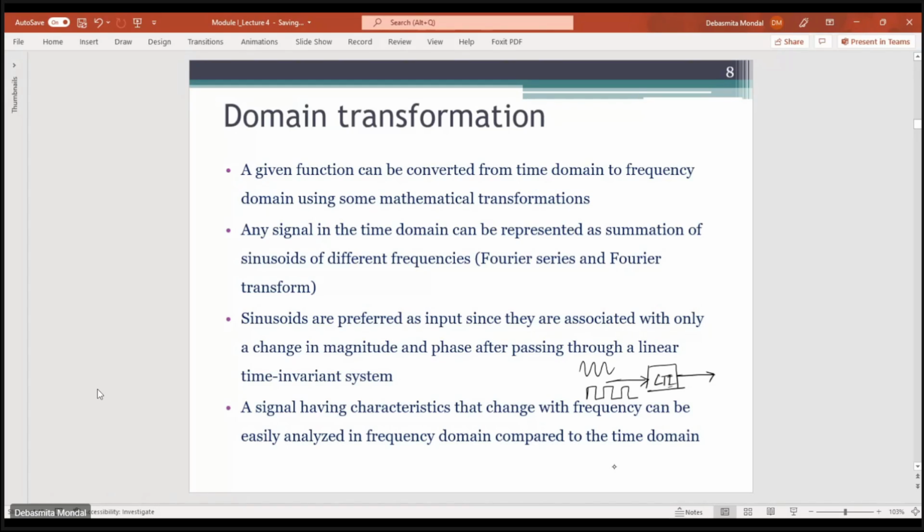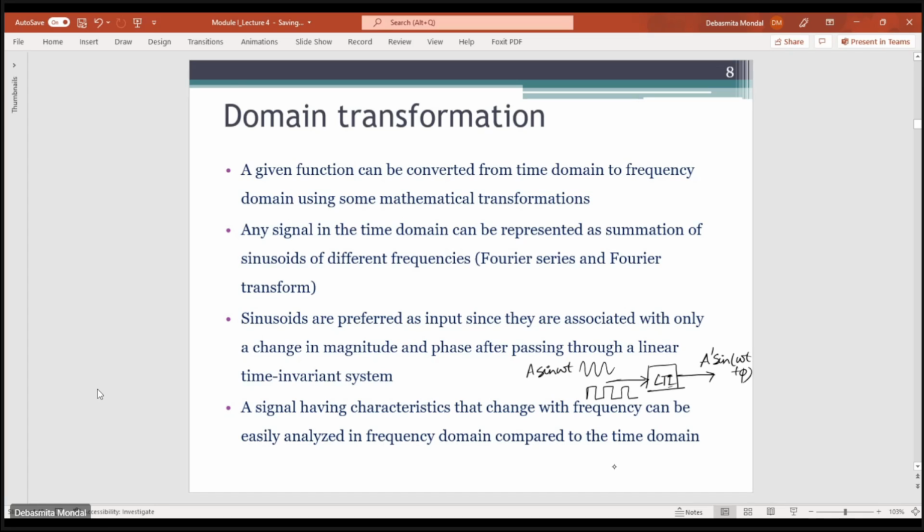So if the input is A sin(omega t), at the output you will get something like A' sin(omega t plus phi). After passing the sinusoidal signal through the linear time invariant system, only the magnitude A' and the phase phi change. The frequency of the signal remains unchanged when we pass the signal through the LTI system.